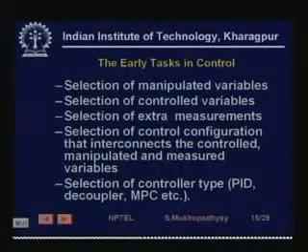And selection of controller types, whether you are going to use a set of single loop controllers or multivariable controllers, or a set of single variable controllers with a decoupler. So, all these choices need to be made, and only after that, once you have selected these, will come the question of the control loop design, which we pay so much attention to. So, that comes at a much later stage. This is something I wanted to mention.